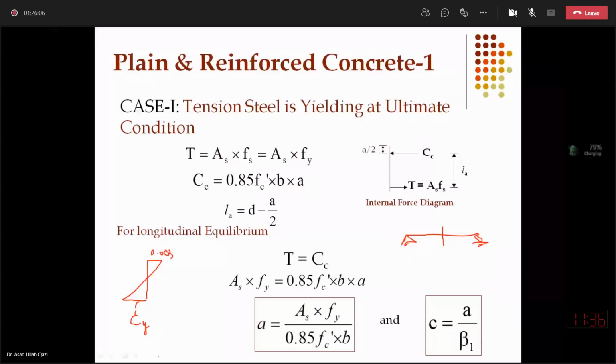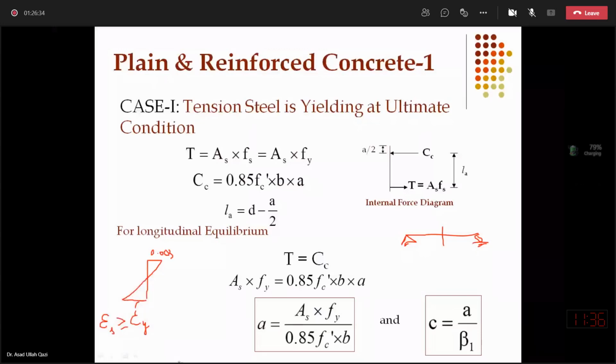So when concrete is crushed, steel is minimum at epsilon y. I mean, write like this: epsilon s, steel strain, was minimum equal to epsilon y or bigger.